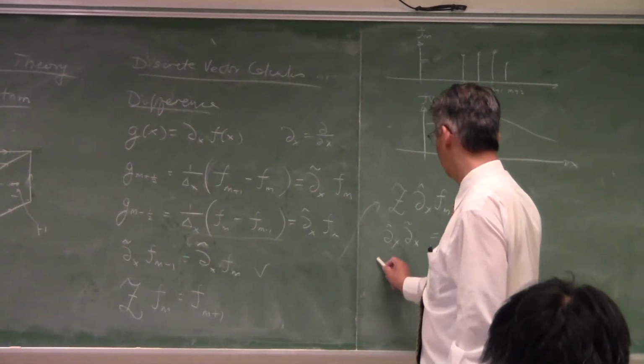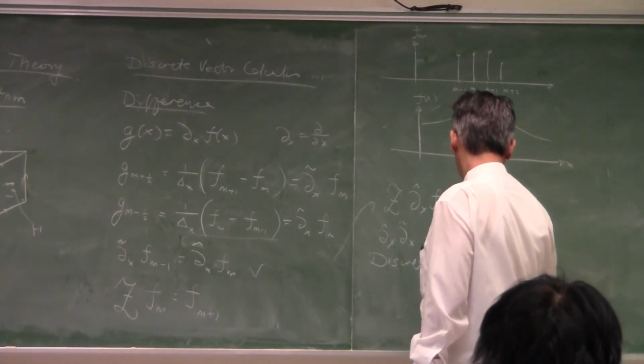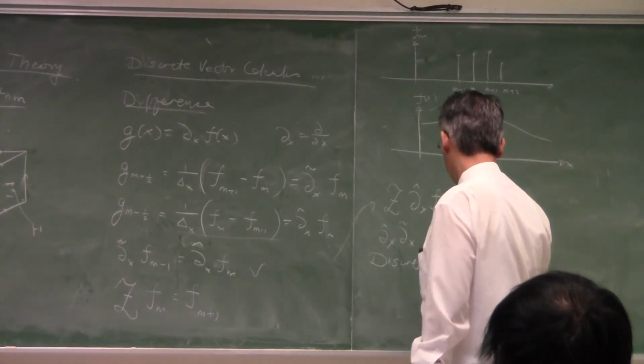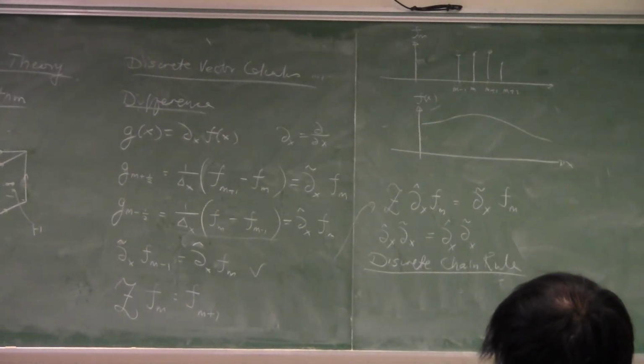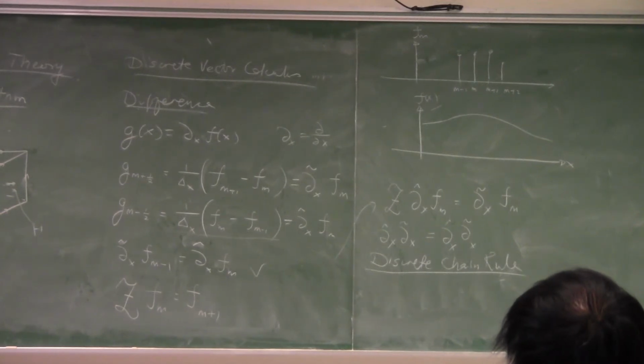And then I'd like to introduce something called the discrete chain rule. In the continuum calculus, we have the chain rule. I'm also going to show that this exists in discrete calculus.